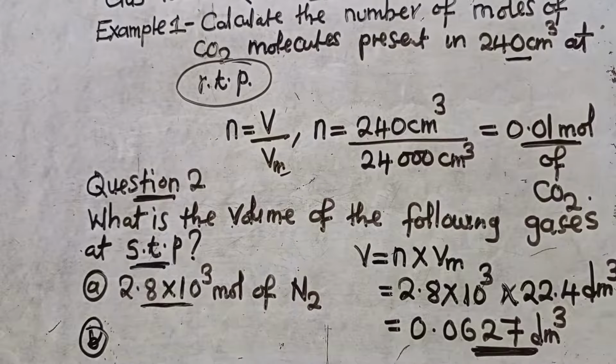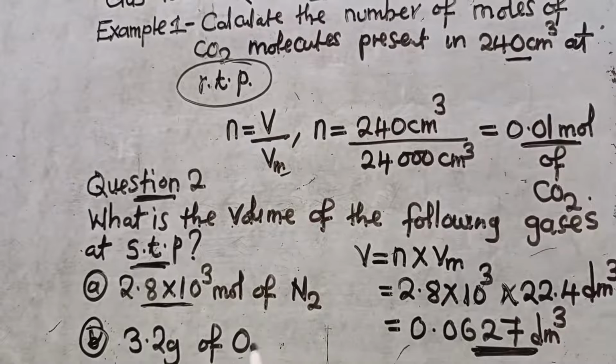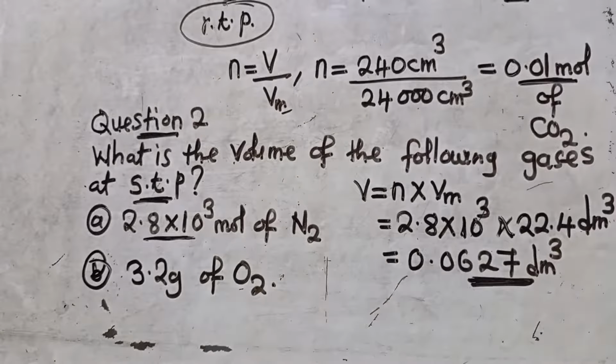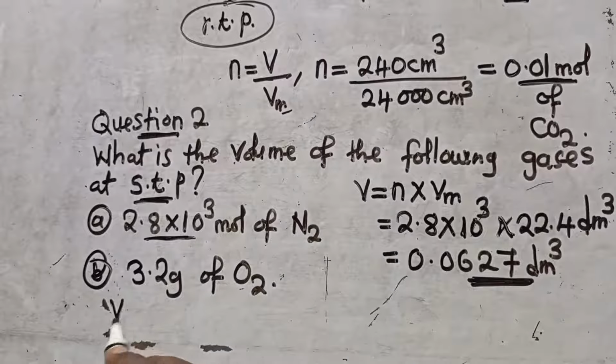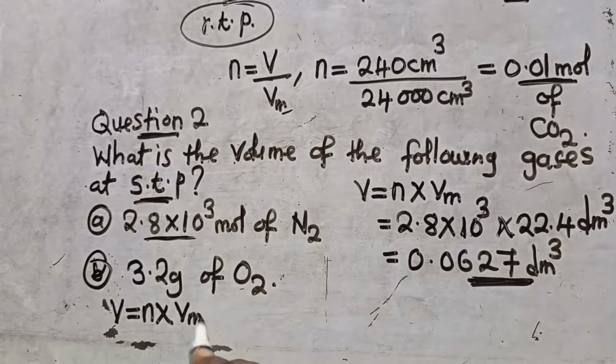Let's say you want to calculate the volume when you are now given grams, 3.2 grams of oxygen. You know that the formula you are supposed to use is volume equal to number of moles times molar volume.